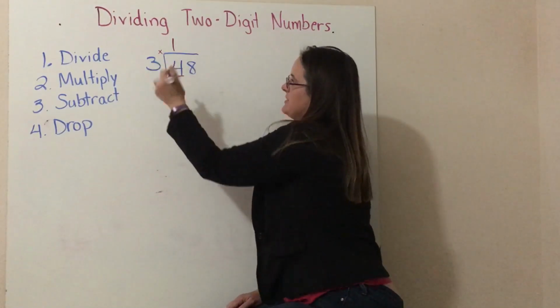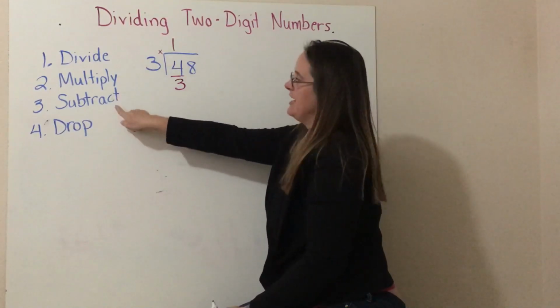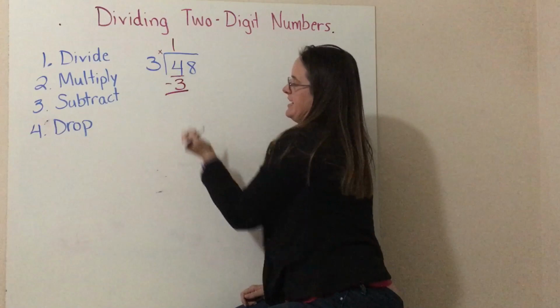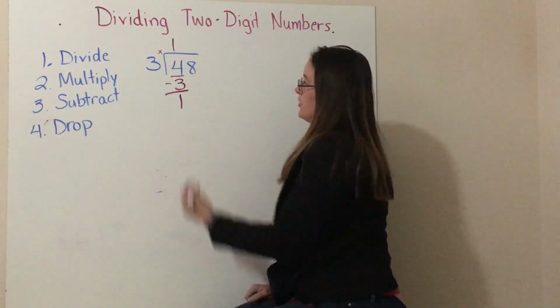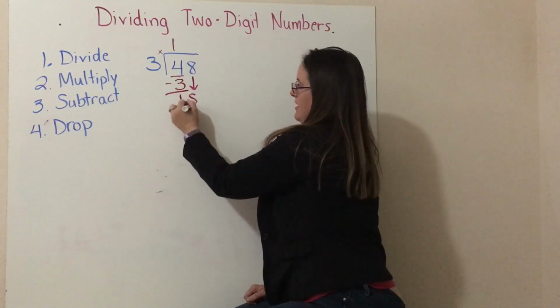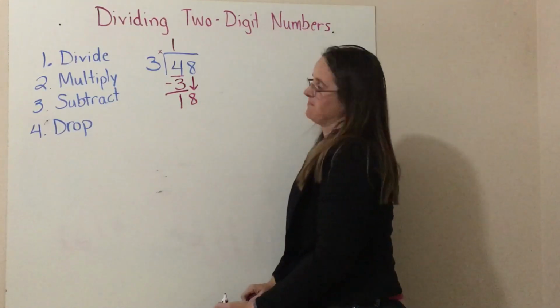So 1 times 3 is 3. I've divided, I've multiplied, I'm on step 3, subtract. 4 minus 3 is 1. Now I'm on step 4, drop. I take the next digit over here and I drop it down next to my remainder of my subtraction problem.